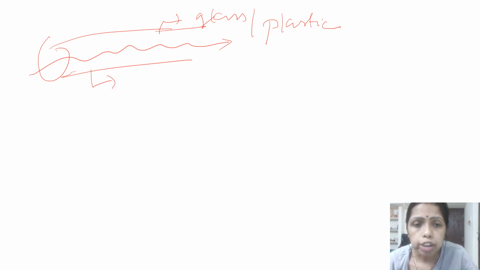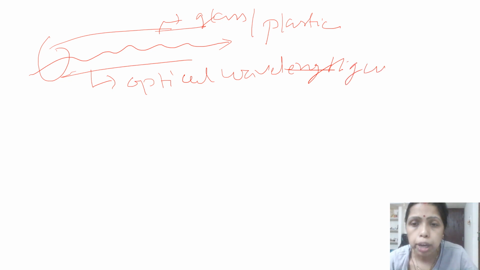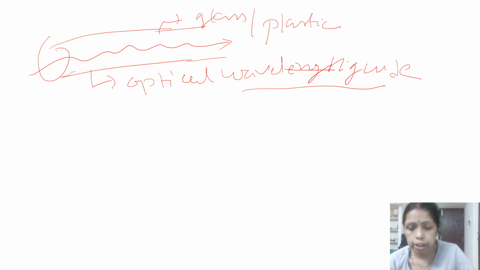It is one kind of optical waveguide. That means it is a medium which guides the optical signal. That's why the name is waveguide, which guides the optical wave. What is the role of the waveguide? It helps to guide any kind of wave signal.